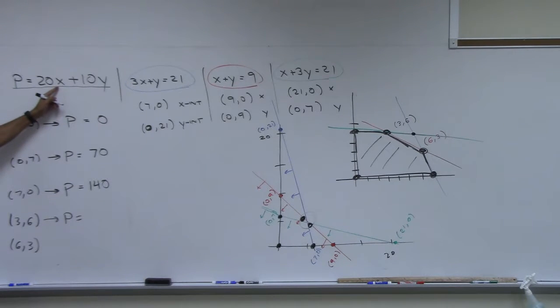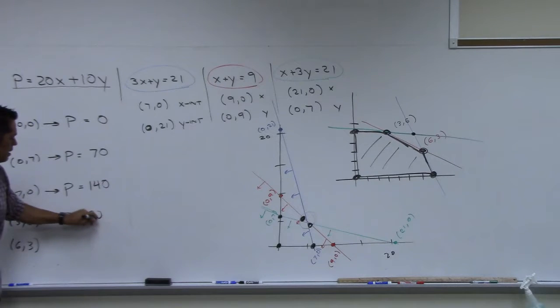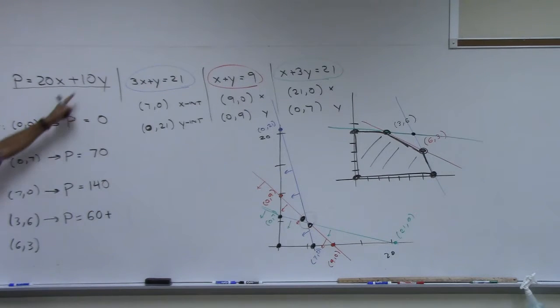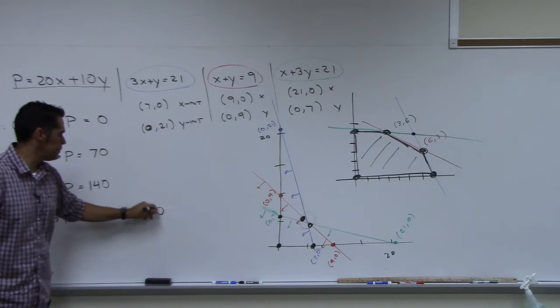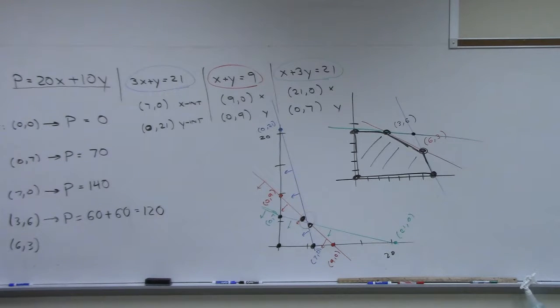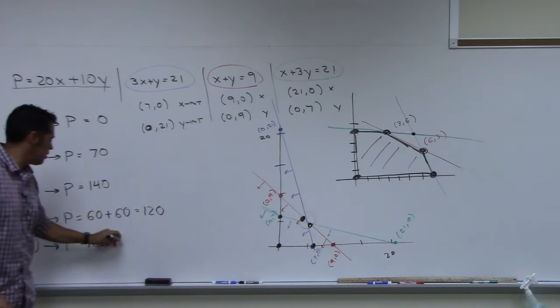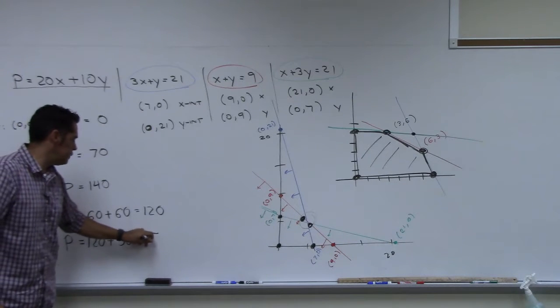So 20 times 3 is 60, plus 6 times 10, which is 60, I get 120, don't I? What happens if I plug in 6 for x and 3 for y? So 6 times 20, 120, plus 3 times 10, which is 30, which gives me 150.